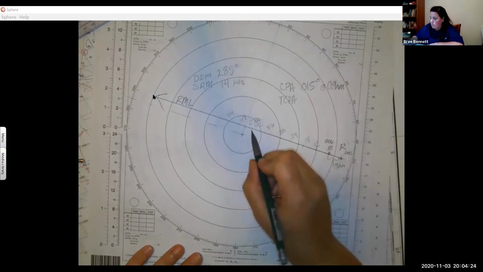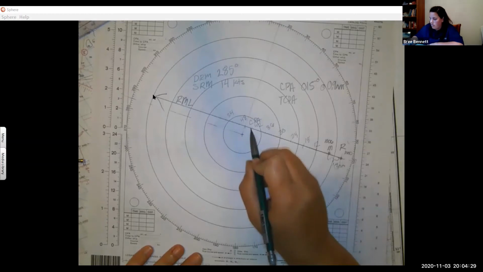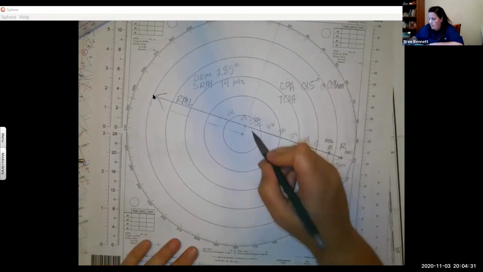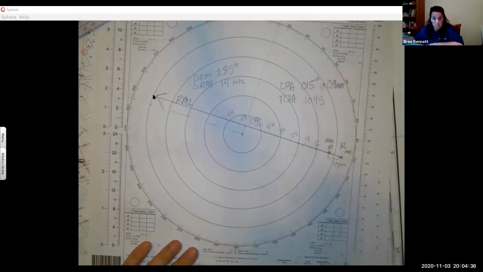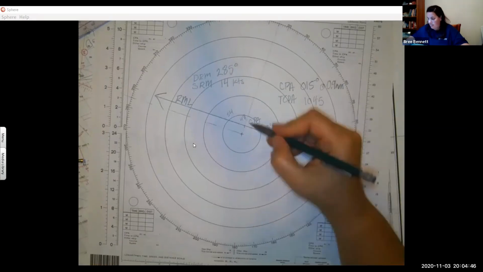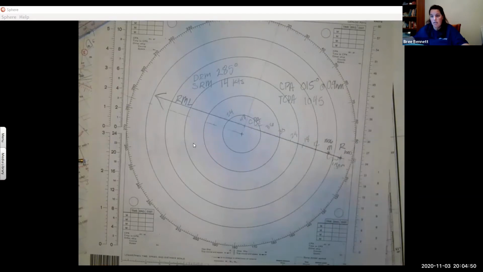I'm right in between my 42 and my 48, so I might call that 10:45. The answer calls it 10:46. They said I was a little bit closer to the 48 than the 42. I can see that, but again, you're plus or minus 3 minutes, so you'll be fine here.